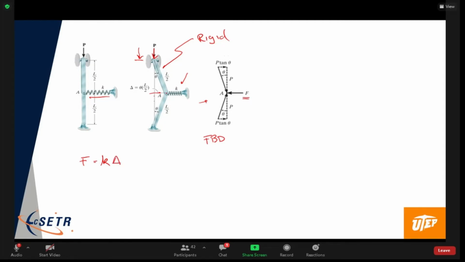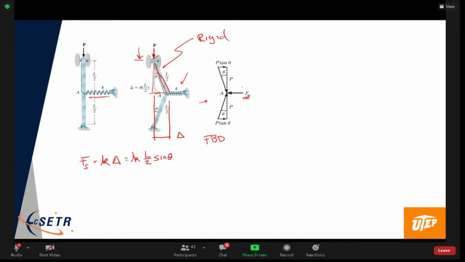We're going to call this distance delta. That's the deflection. And if you look at this triangle, that deflection is going to be L on 2 sine theta, right? So that's the restorative force due to the spring. Actually, I'll put a little S here to denote that it's the spring.